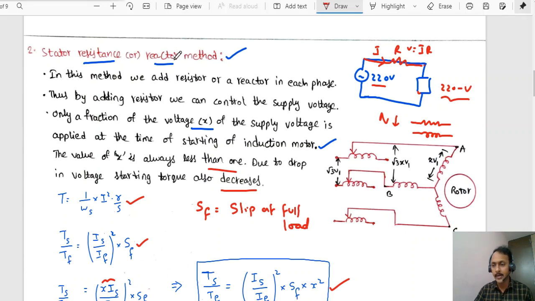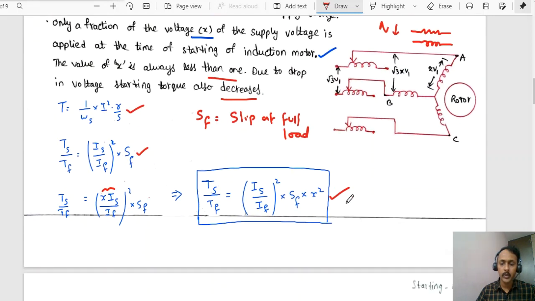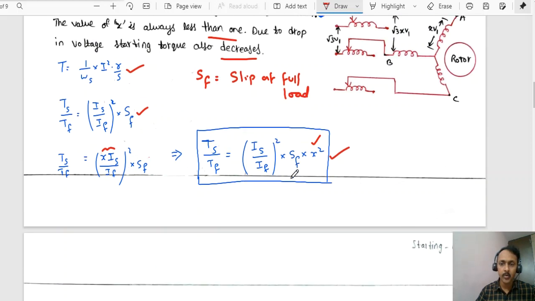If we add resistors, there will be a huge amount of losses, and if losses are more, the efficiency of the machine will come down. So better to consider the variable reactor. Slowly, once the machine attains its normal condition, the reactor will be removed. Here it depends on the fraction x of voltage applied, and it depends on the value x square, which will be less than 1.